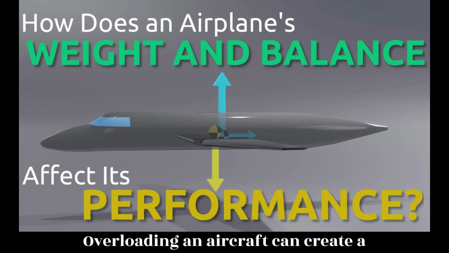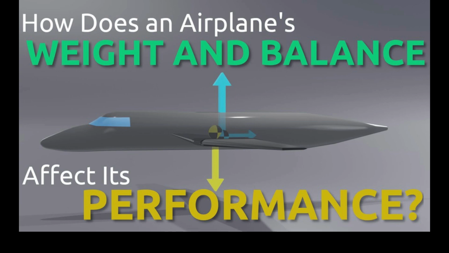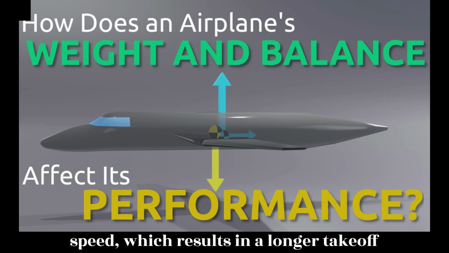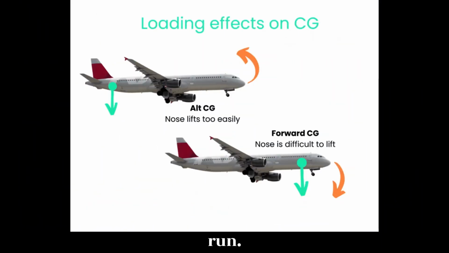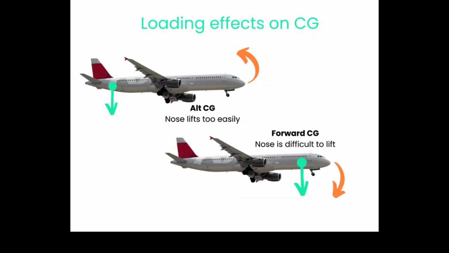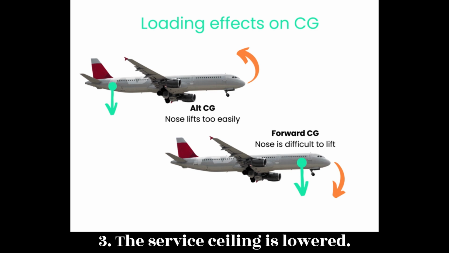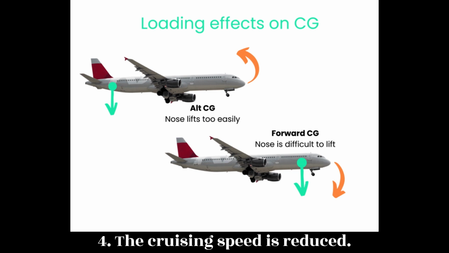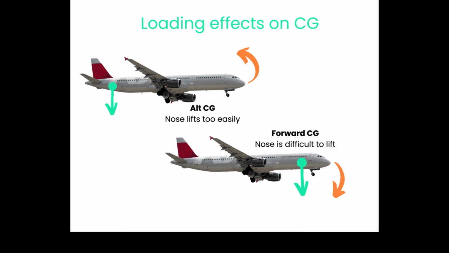Overloading an aircraft can create a variety of problems. 1. The aircraft needs a higher takeoff speed, which results in a longer takeoff run. 2. Both the rate and angle of climb are reduced. 3. The service ceiling is lowered. 4. The cruising speed is reduced. 5.